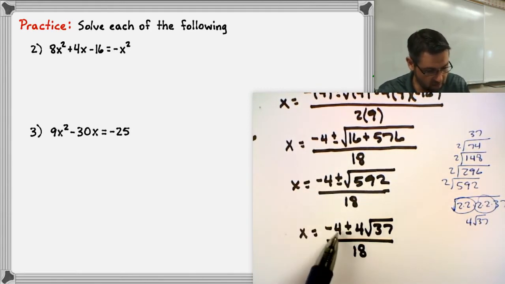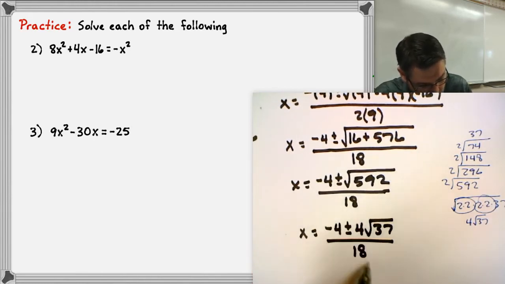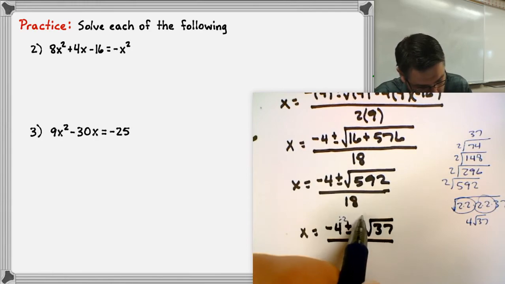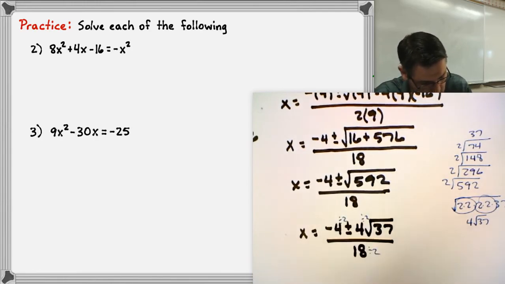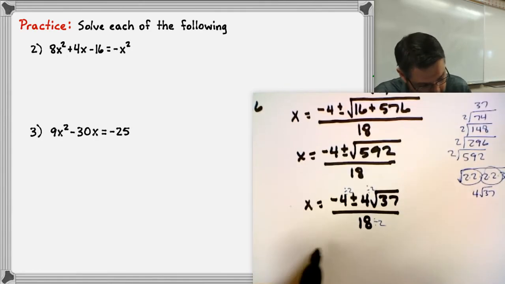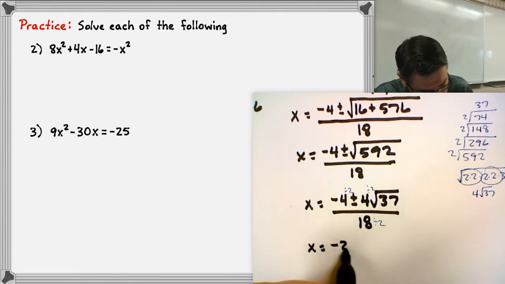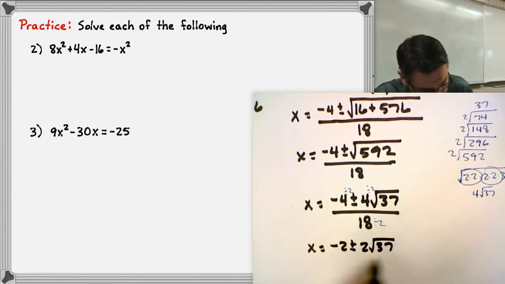And so we have to look for a common factor between all 3 terms. The common factor between 4, 4, and 18 is going to be 2. So we're going to divide all of those by 2. And so we end up with x equals negative 2 plus or minus 2 radical 37 over 9.